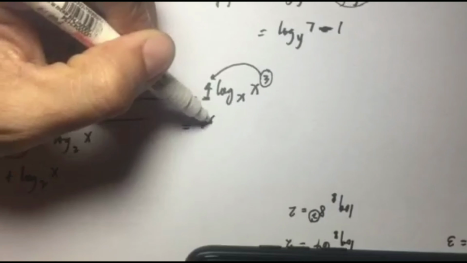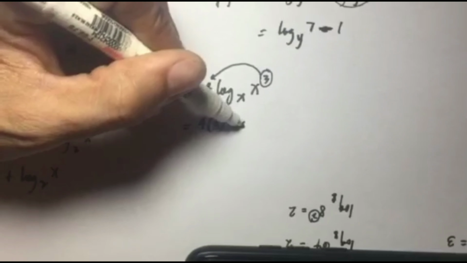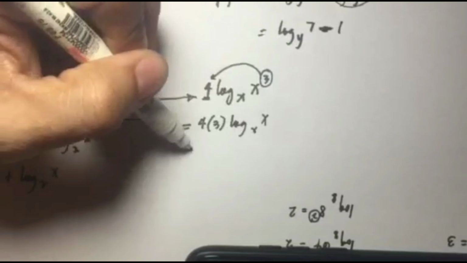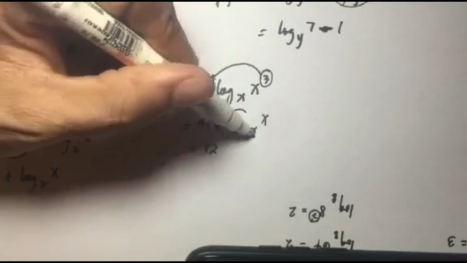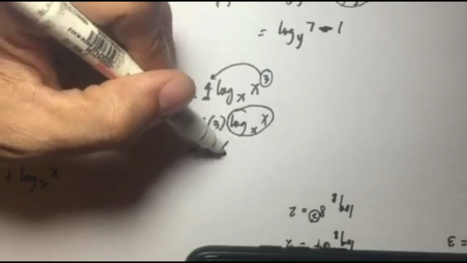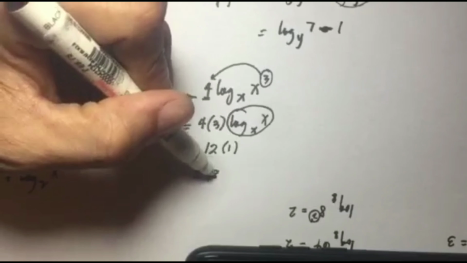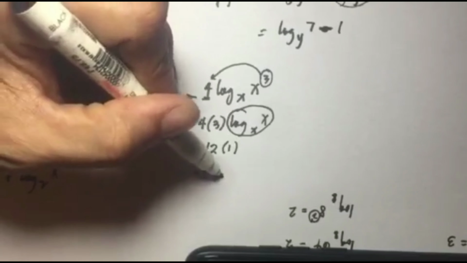So, magiging 4 times 3, then copy the logarithm of x to the base of x. So, 4 times 3 is 12. Then, since using the property, ito magiging 1, no? So, 12 times 1 na lang, which is 12. So, yan ang answer. So, I guess you are now ready for solving logarithmic equations.